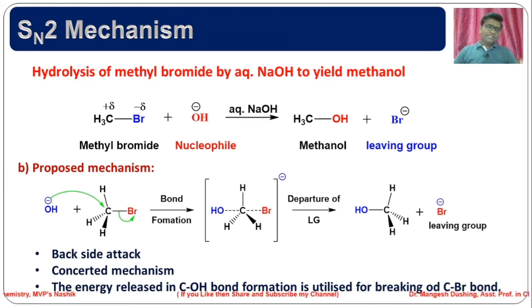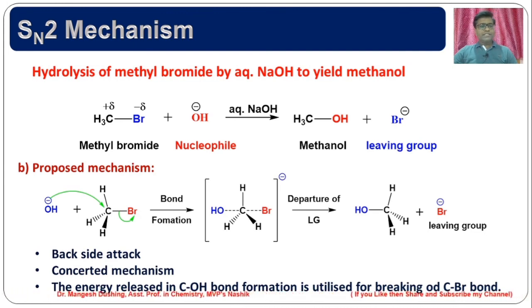So in this case, what are the main facts? First is the backside attack of the nucleophile. So the nucleophile is coming from the backside of the leaving group. We will see in the next slide why this nucleophile comes from the backside.